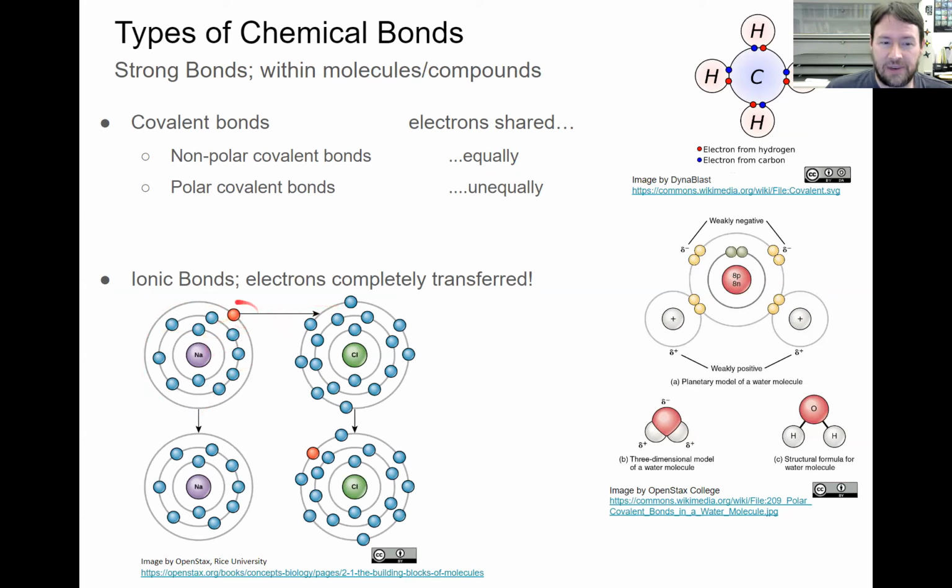Sodium has this lone electron in the outer shell, and it will give that up very, very easily. And chlorine just has 7 out of 8 spots filled in its outer shell, so it will gladly take an electron from somewhere else. So sodium loses an electron and becomes a positively charged ion.